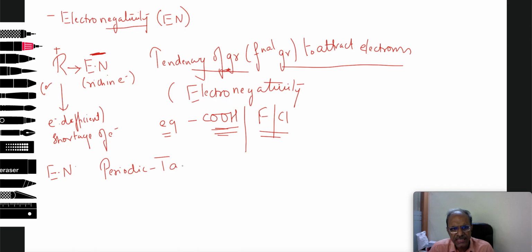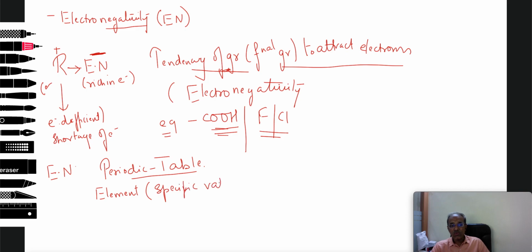In the periodic table there are elements, and each element has its own specific value of electronegativity, and this value should have some precise numerical value, so that I will come to know this element is more electronegative than this element.